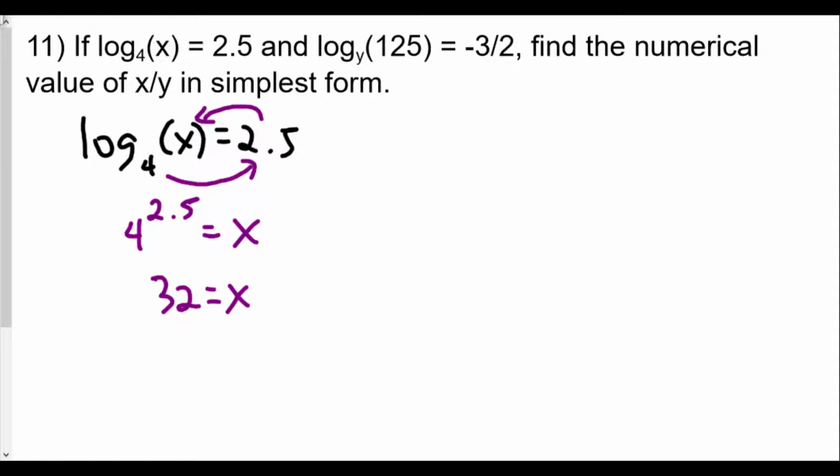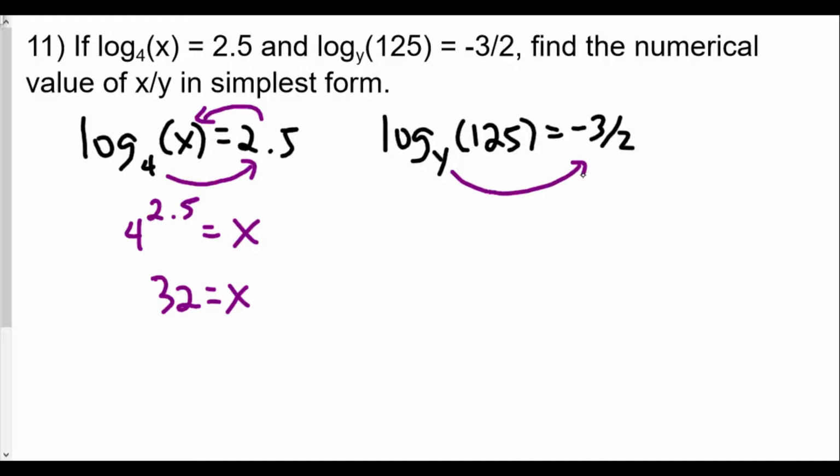Our next equation is log base y of 125 equals -3/2. Again, the same technique: y raised to -3/2 equals 125. Now, the technique to solve this is a little bit different because here we're not evaluating just a number raised to a certain power.